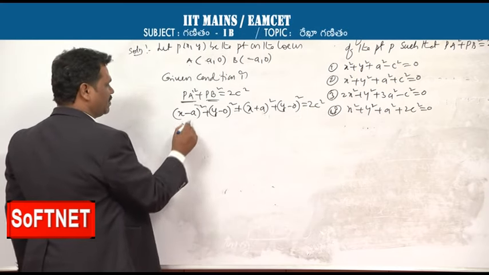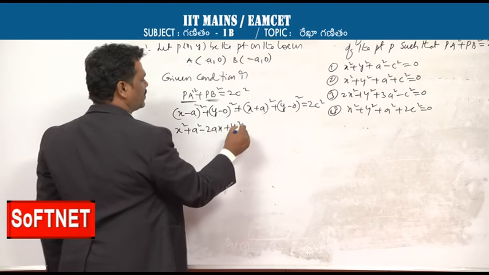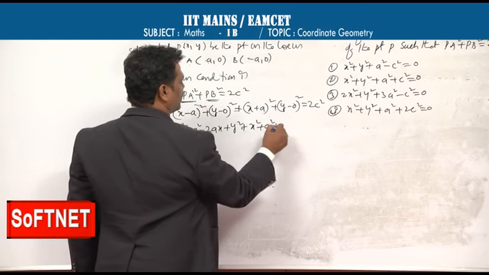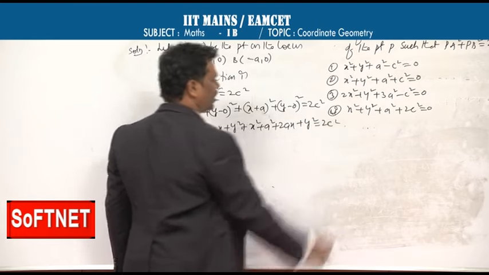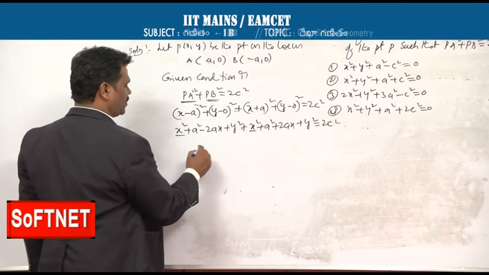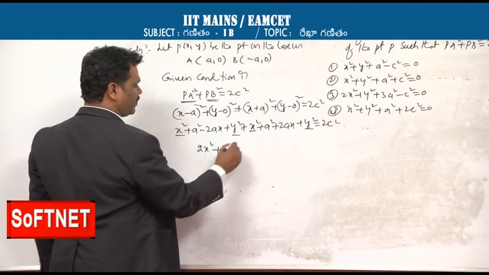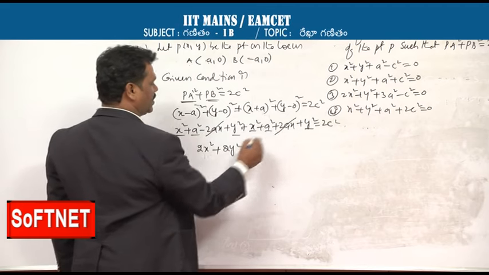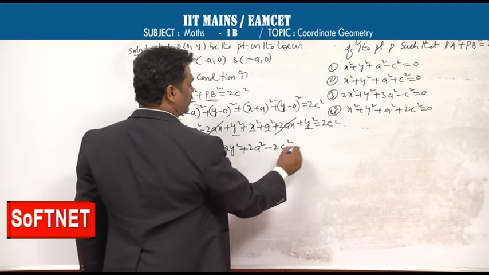It can be written as x square plus a square minus 2ax plus y square plus x square plus a square plus 2ax plus y square equal to 2c square. So x square plus x square is 2x square, y square plus y square is 2y square, minus 2ax plus 2ax cancel, a square plus a square is 2a square, minus 2c square equal to 0.